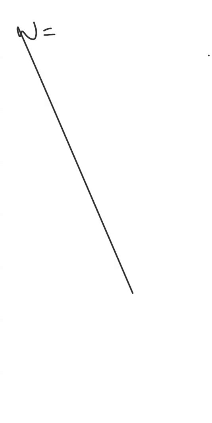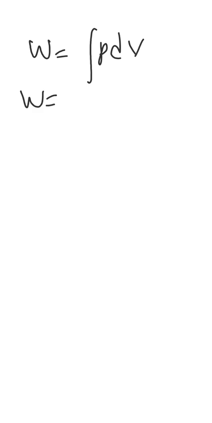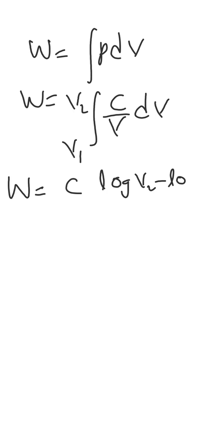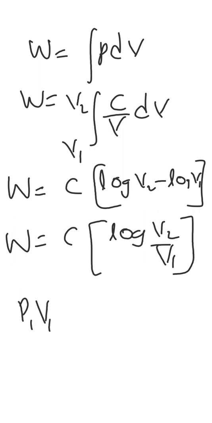Work done is equal to... This is the standard formula: log A minus log B is log of A upon B. This C is nothing but PV.